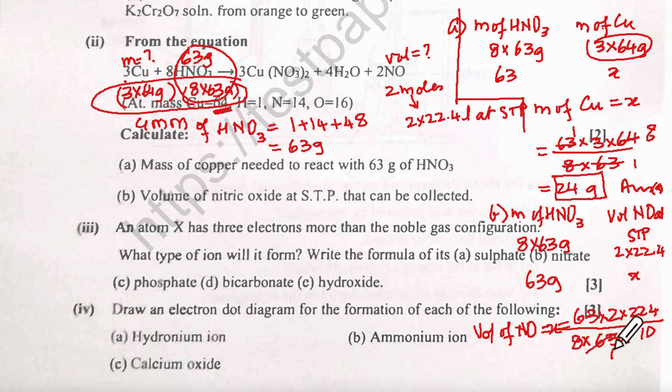What is easier to cancel? 63, 63. 2 ones and 2 fours. X equal to 5.6 liters at STP.